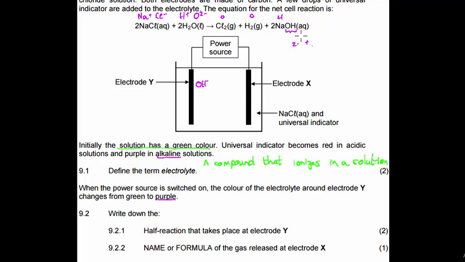But you notice that hydrogen itself used to be part of water, H2O, and then it became hydrogen gas. So we used to have H plus, then we gained 2 electrons, and that produced for us hydrogen gas.